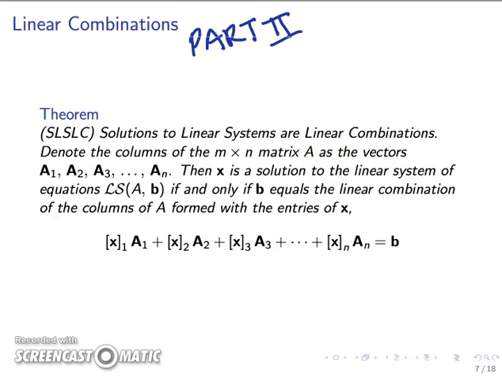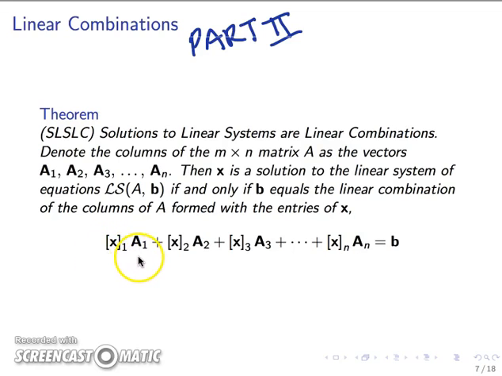We had previously spent a little bit of time learning how to calculate the solution set of a system of linear equations.